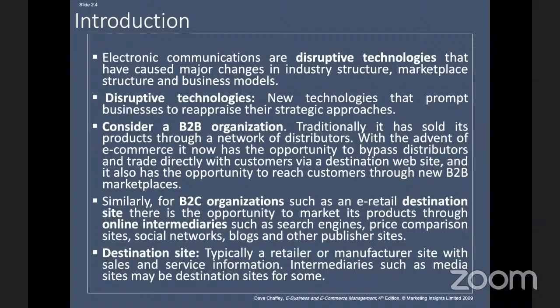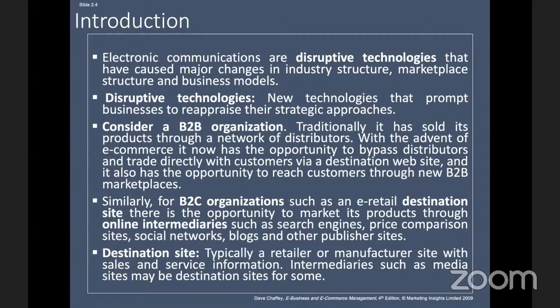Similarly, for B2C organizations such as an e-retail destination site, there is the opportunity to market its products through online intermediaries such as search engines, price comparison sites, social networks, blogs, and other publisher sites. When you are dealing with customers through digital platforms, you have to be very careful about offering your products and prices, because customers have access to every retail business via the internet.